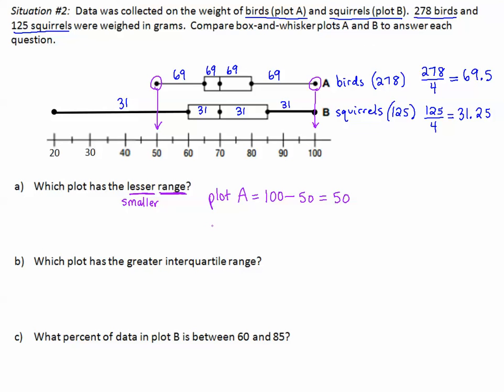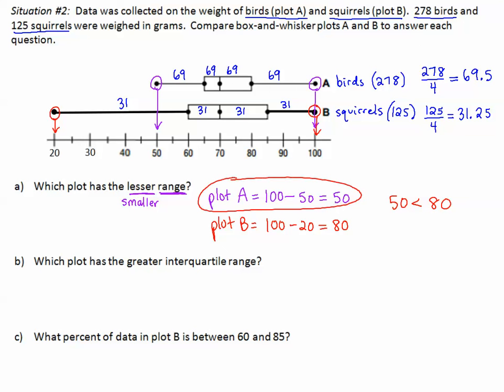Now for plot B, the upper extreme is again at 100, but the lower extreme is different. It's at 20. 100 minus 20 is 80. So which plot has the lesser range or the smaller range? 50 is smaller than 80. Therefore, plot A has the lesser range. Plot A is my answer because 50 is less than 80.